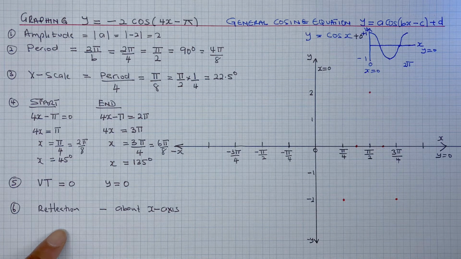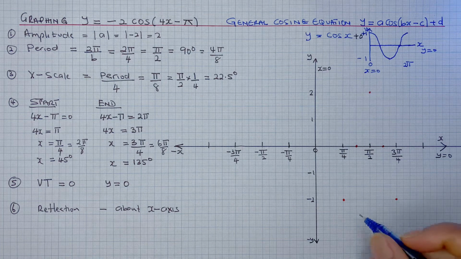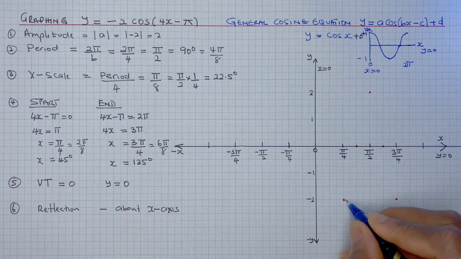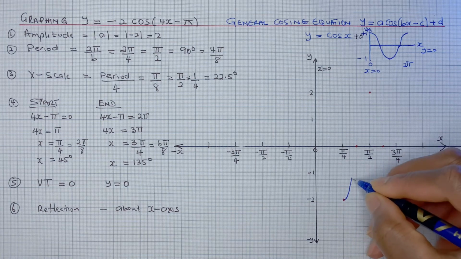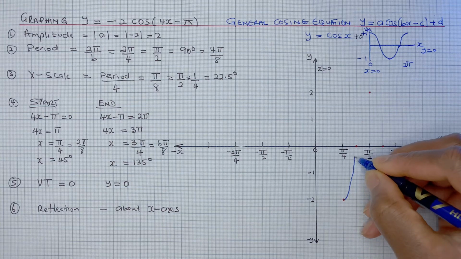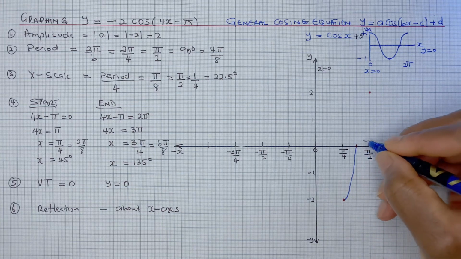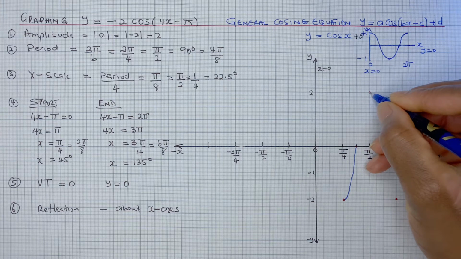And the graph, we can draw the graph now. So that's a turning point there. And it's just going to go all the way to meet that line over there, and there's a turning point here too.